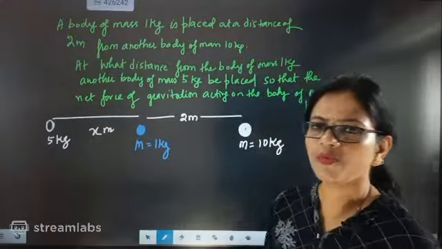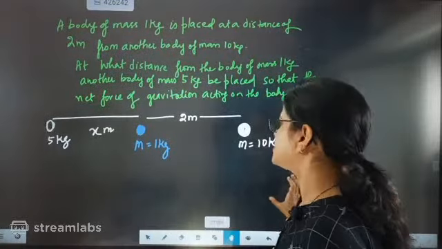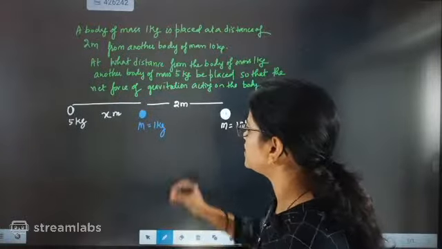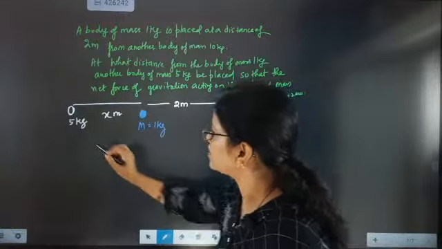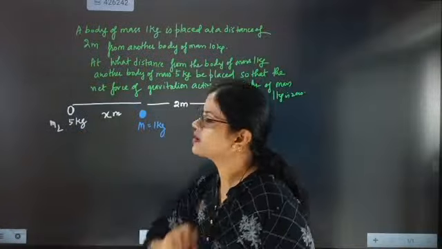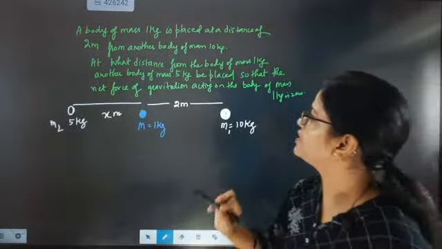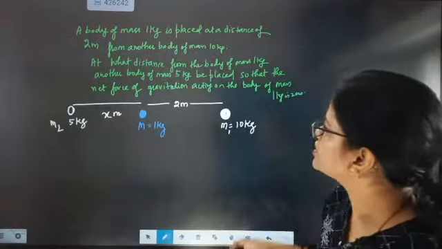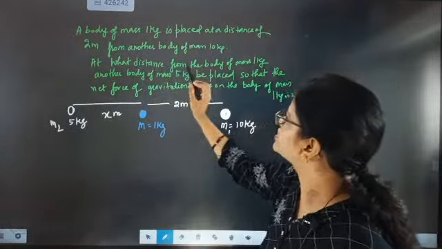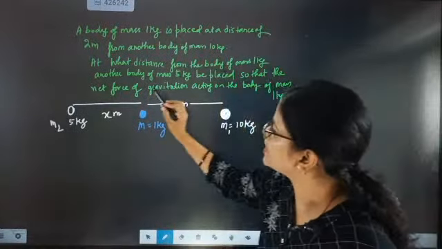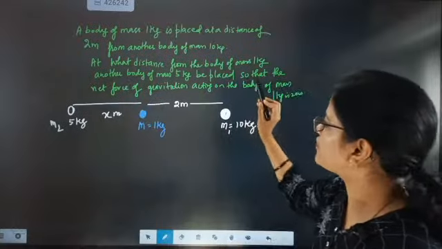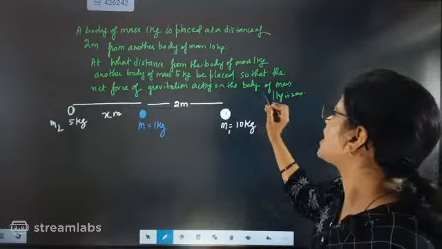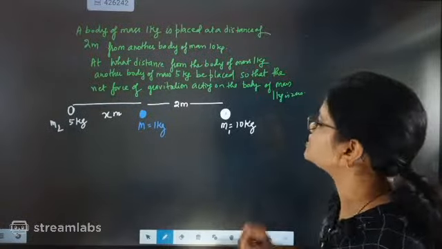Now the most important point here is that we know F is equal to G m1 m2 by r square. We take the small mass as m, this one as m1 and this as m2. The important point is that the net force of gravitation acting on the body of mass 1 kg is 0.